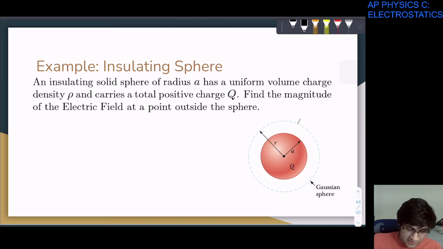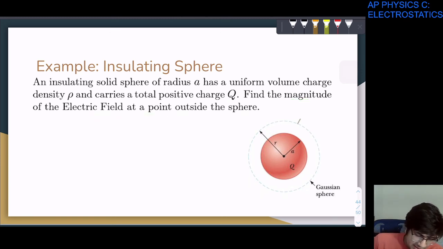An insulating solid sphere of radius A has a uniform volume charge density rho and carries a total positive charge capital Q. Find the magnitude of the electric field at a point outside the sphere.